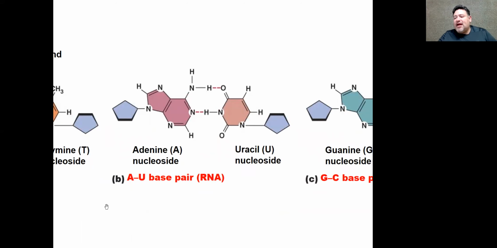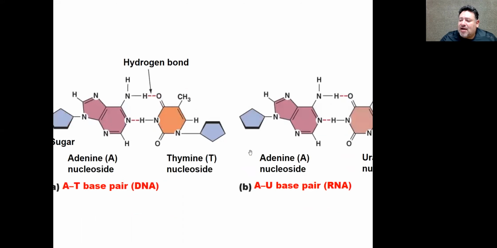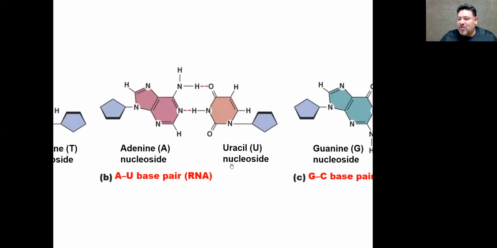In RNA, the same is true, but the relationship is not between thymine and adenine. The relationship is between uracil and adenine. So in RNA, if you have an A, it's going to associate with a uracil through 2 hydrogen bonds.